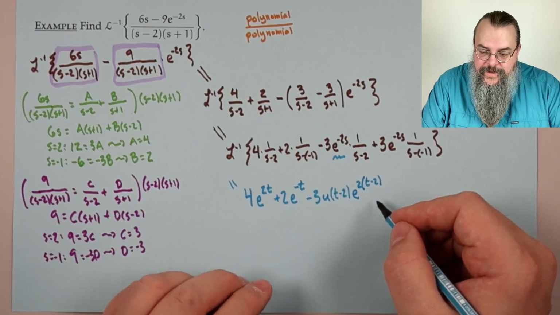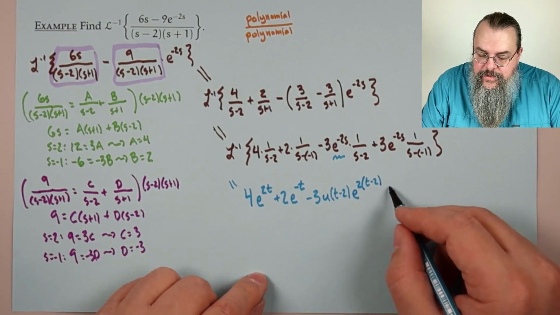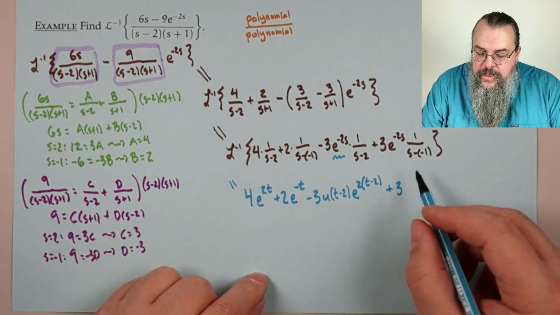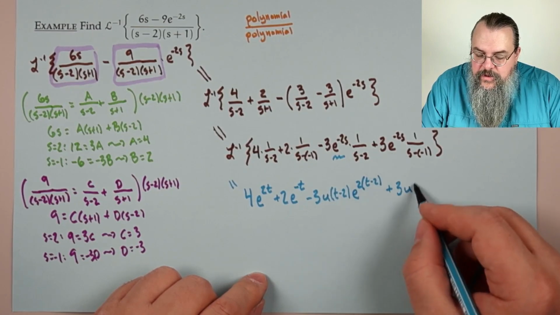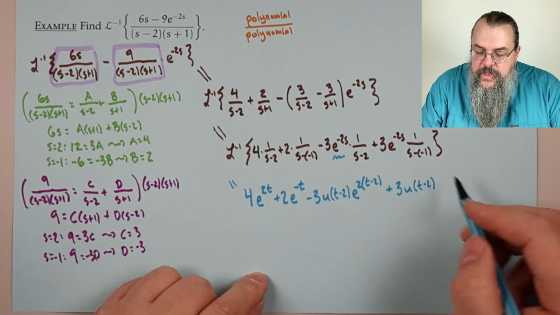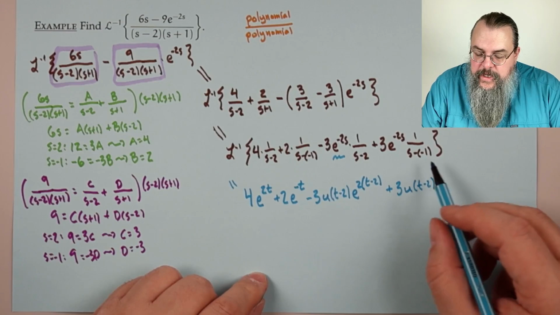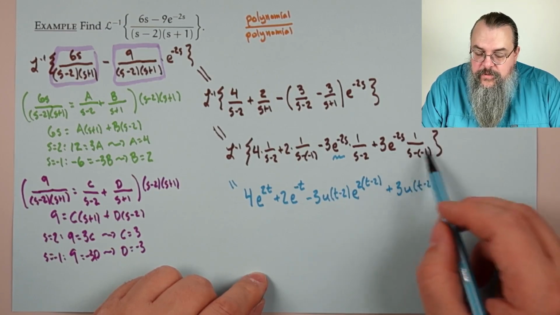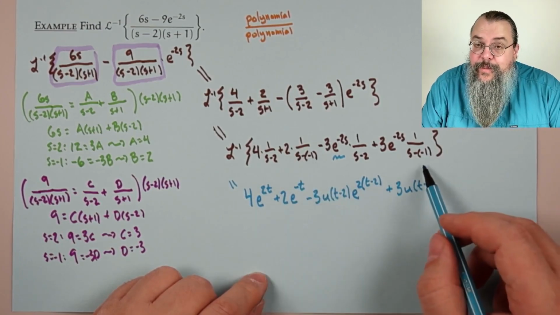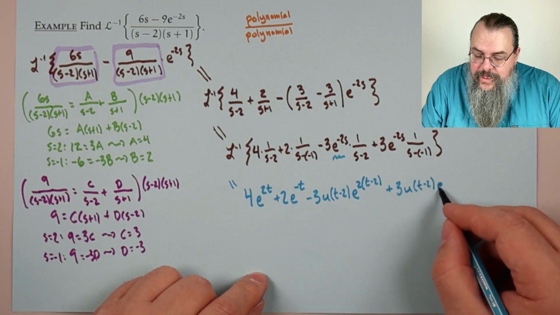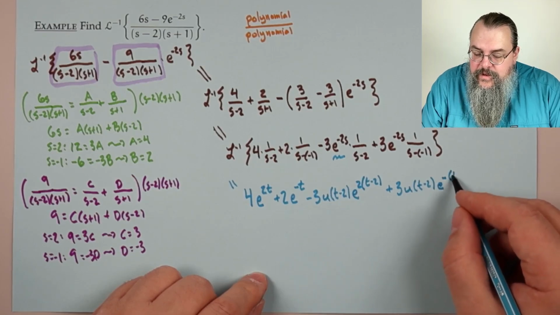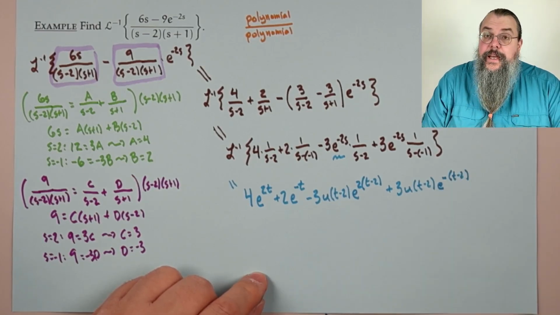All right, and then our last part is plus 3, and again, e to the minus 2s, u of t minus 2, and then we're going to have here, this piece we've already done, that's e to the minus t, so it's e to the minus t minus 2. And we're done.